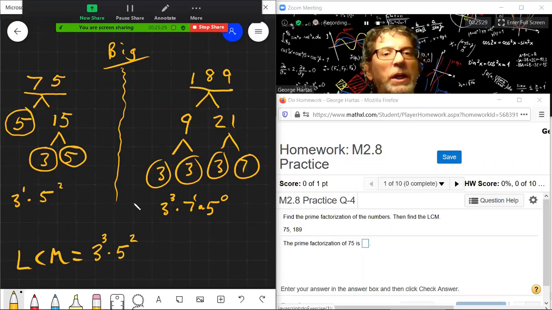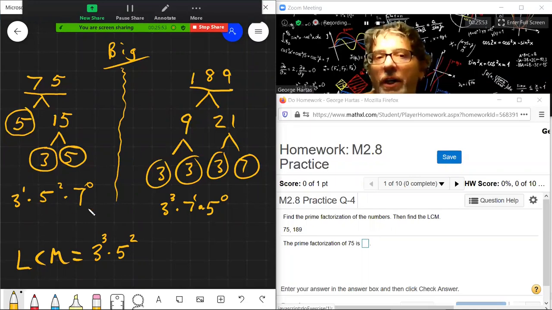Now we switch to this side. We already looked at 3s and 5s, but we have not looked at 7s yet. There's 1 7 here. Again, you don't have to do this, but this shows you there are no 7s here because 7 to the 0 is 1, and 1 times this is this.